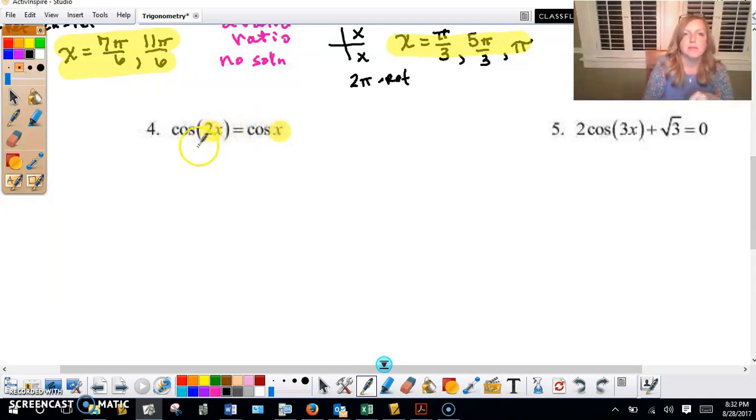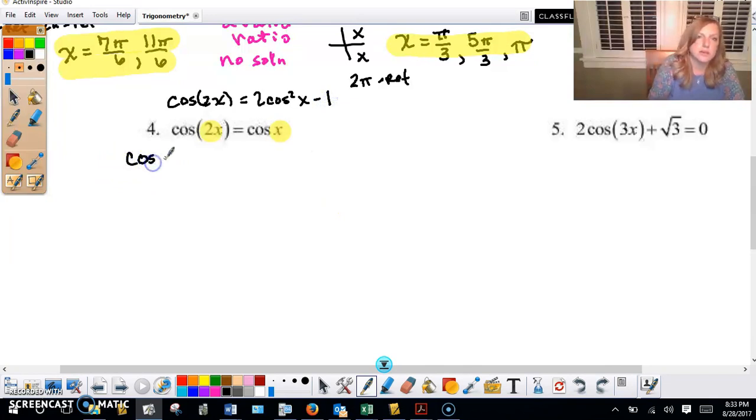If this had been a mix of sine and cosine, I might try the one that has cosine squared minus sine squared, because that may help me with factoring. But because this is cosine, I'm going to use the identity cosine of 2x is 2 cosine squared x minus 1. So I'm going to substitute that in: 2 cosine squared x minus 1 equals cosine of x.